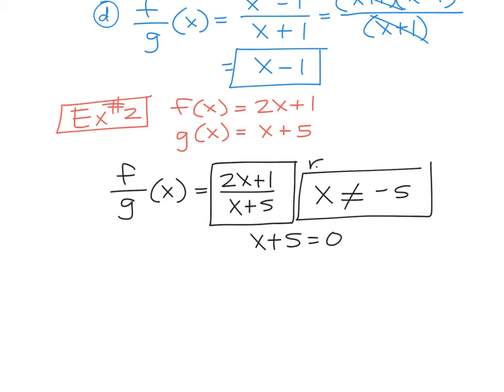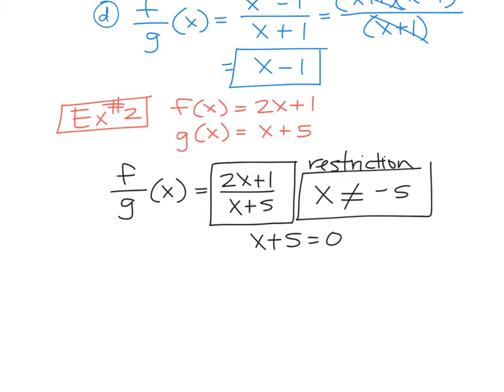So this is your restriction. Okay, but your answer, you didn't have to do anything to. It was just set it up. Okay? Questions on that? So when you write that, do you have to put the x doesn't equal -5? Yes. Yeah.